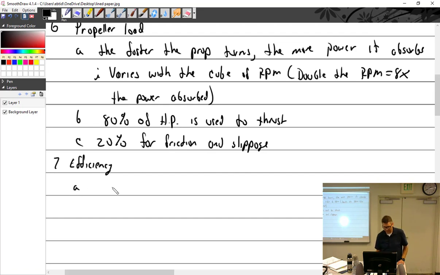Efficiency. All right. Thrust horsepower. I won't belabor this point because I have a bunch of statements on this. We'll just keep this one simple.